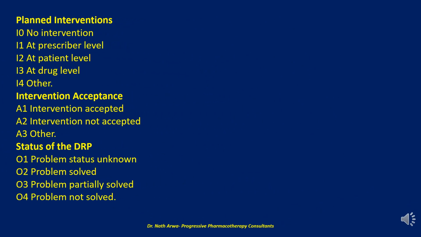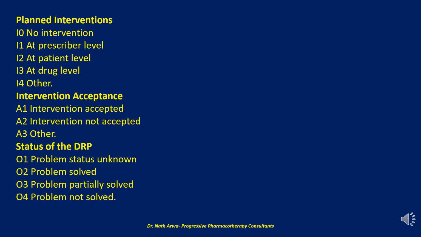Regarding the planned interventions, I0 signifies no intervention. I1 signifies at prescriber level. I2 signifies at patient level. I3 signifies at drug level. I4 signifies others. Regarding intervention acceptance, A1 signifies intervention accepted.